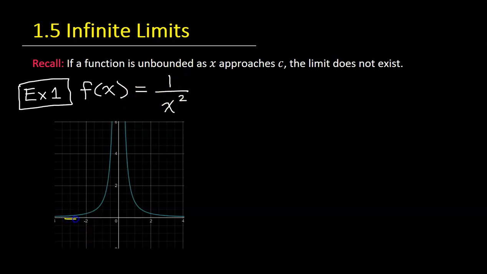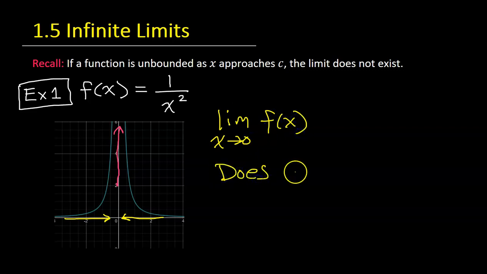Notice that as the x values approach 0, the value of the function is approaching infinity. So we would say that the limit as x approaches 0 of f of x does not exist.